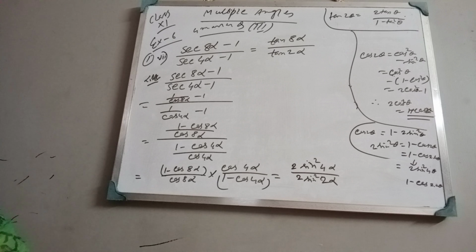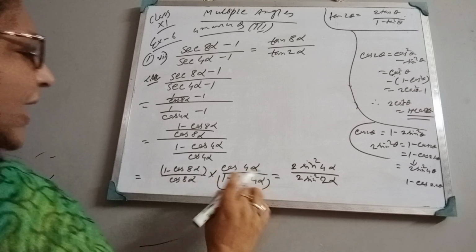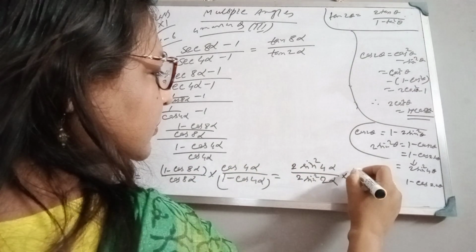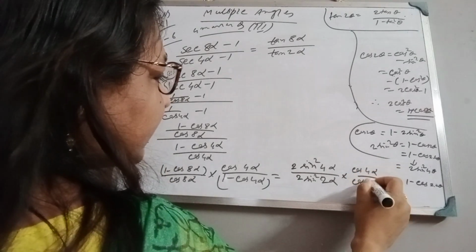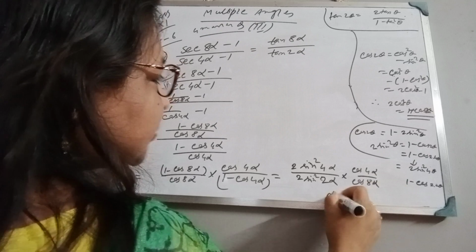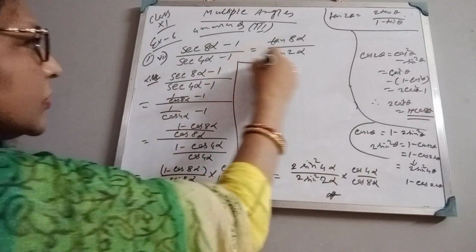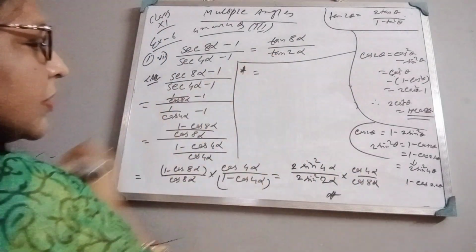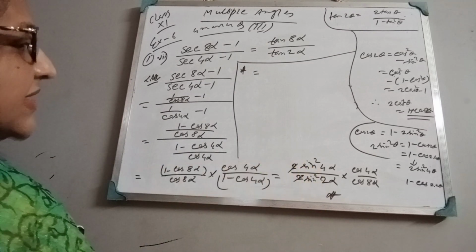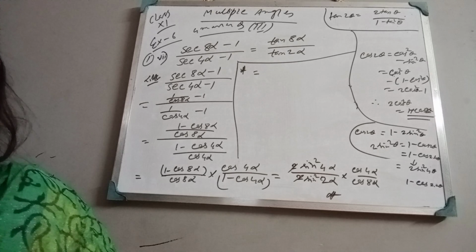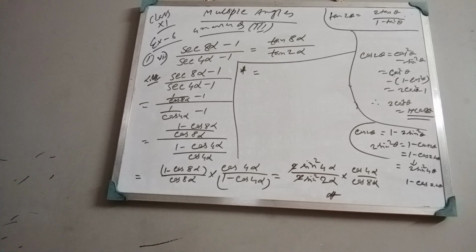Okay, 2 sine square 2 alpha, and as it is cos 4 alpha by cos 8 alpha, we will not change. Now this 2 we can cancel, and sine square 4 alpha is there.